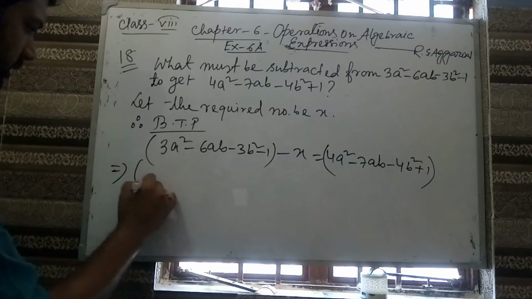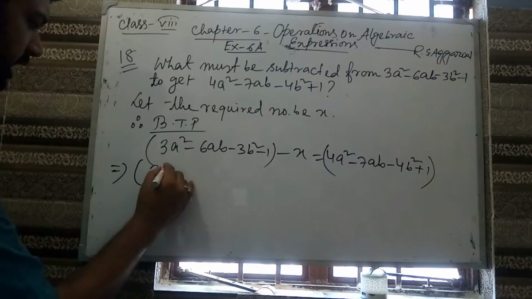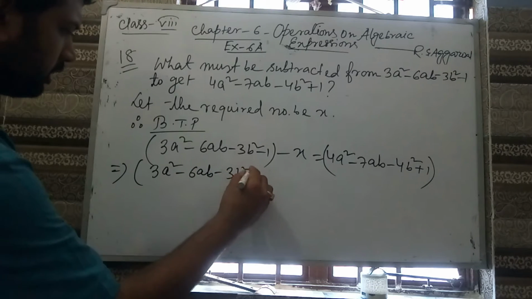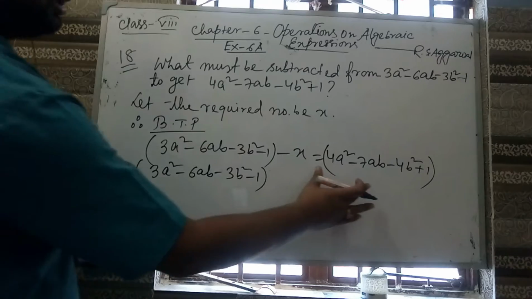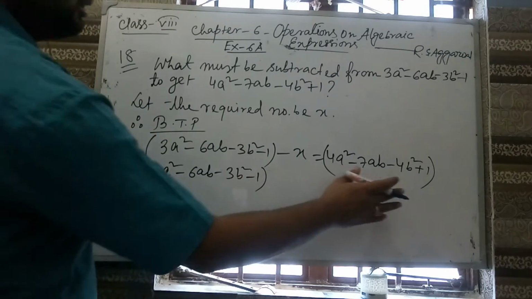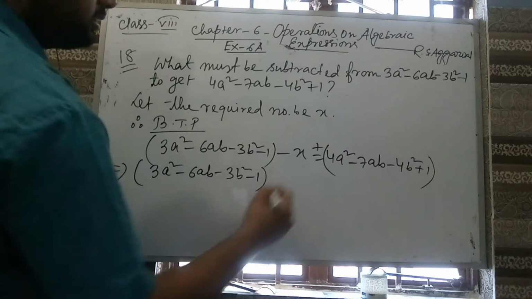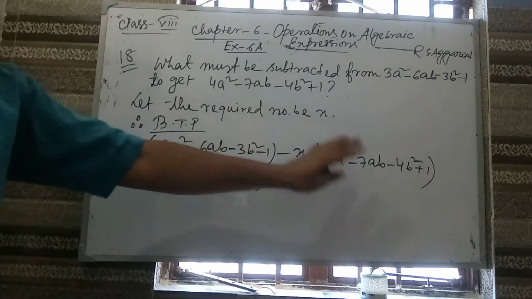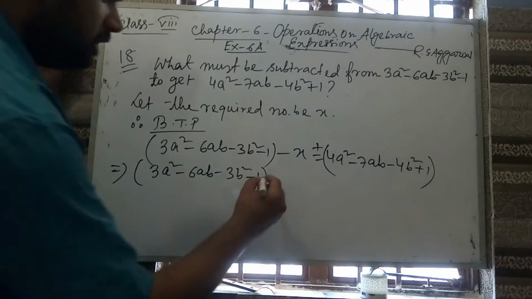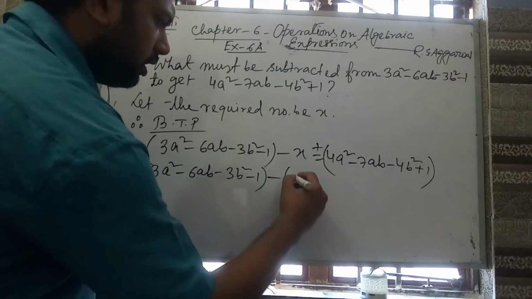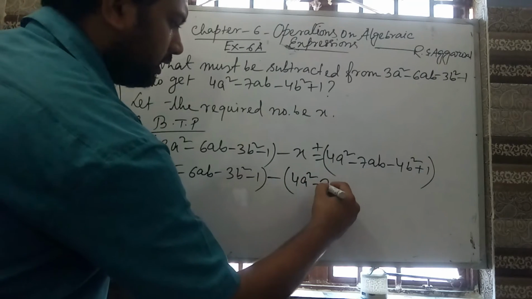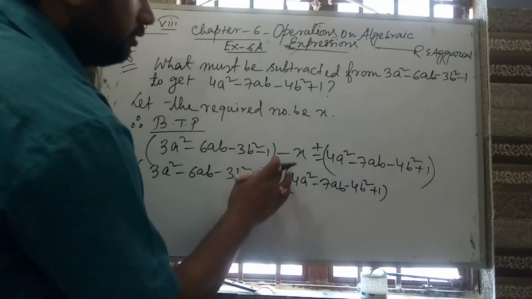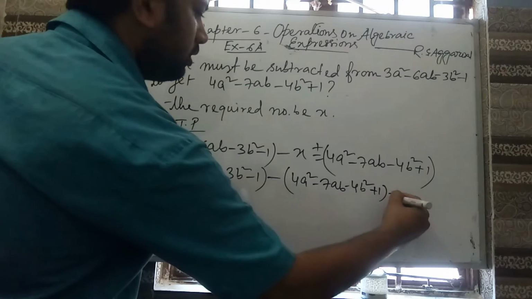That implies, keep the first expression as it is, 3a square minus 6ab minus 3b square minus 1. Now the whole expression on the right hand side has no sign, which means it is plus. So when we take this whole expression to the left hand side, it will become minus. So minus of 4a square minus 7ab minus 4b square plus 1, and we are taking this x to the right hand side, so it will become equal to x.